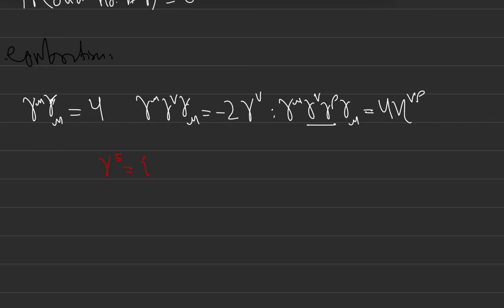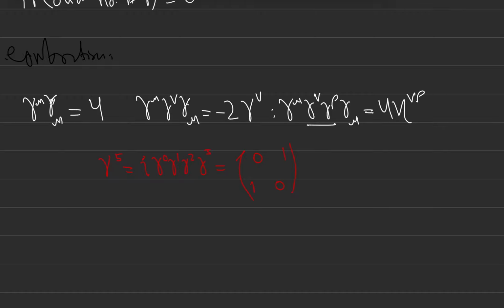We put an iota here, and then what we have is basically gamma naught, gamma 1, gamma 2, gamma 3. This is a matrix that we define, and you can again do the calculation to find out that this is nothing but 0 1 1 0.